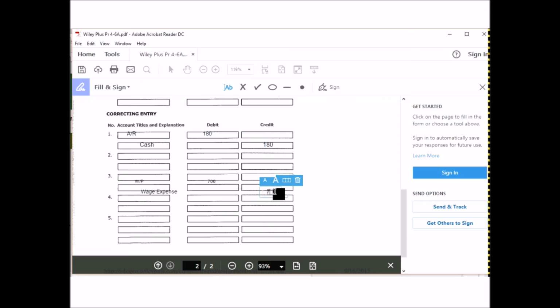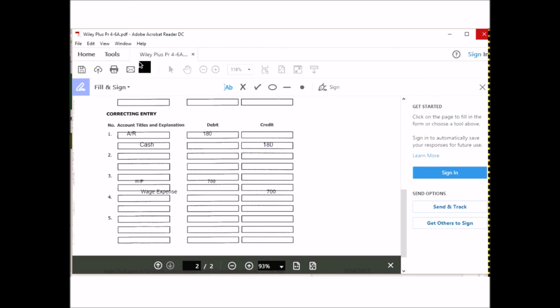And now we're correcting it. There should have been a debit to wages payable for that $700 and a credit, or there should not have been so much in the wages expense. It should have only been $1,100, which that $700 credit will get my balance to where it needs to be. Okay, that's all for problem 4-6A.